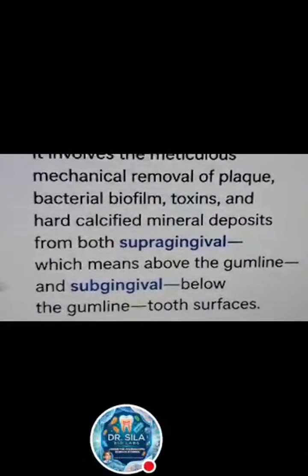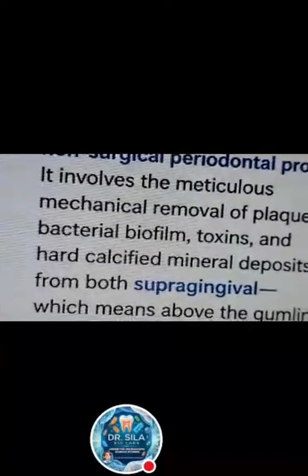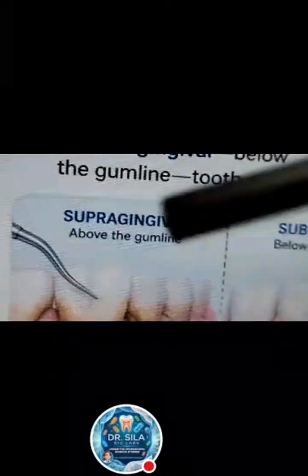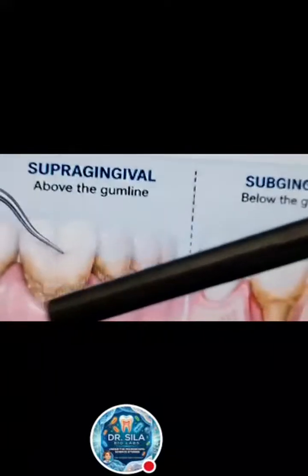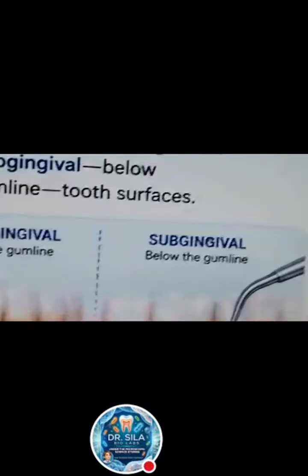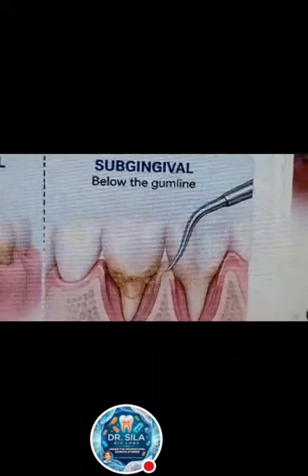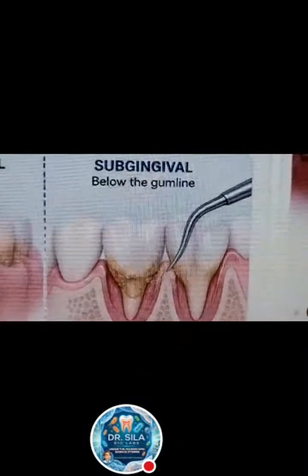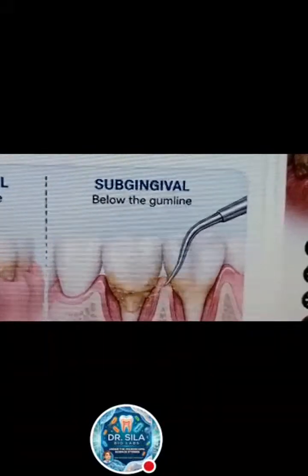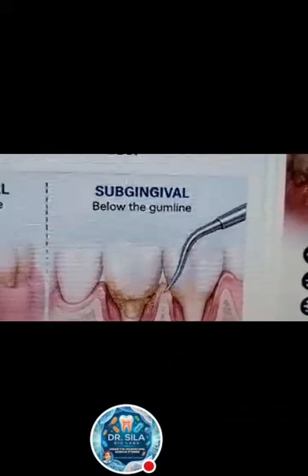Two surfaces: supragingival and subgingival. You can see supragingival, above the gum line, where the calculus is formed, and subgingival, below the gum line, beneath the roots, just below the gum line.